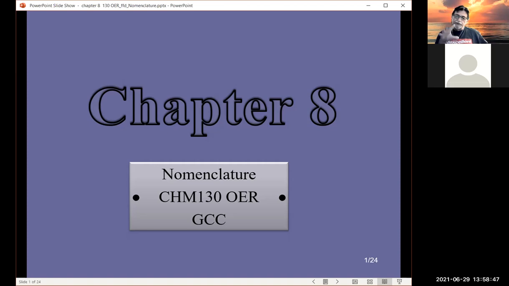Now, the big thing about naming compounds is we just talked about ionic compounds and covalent compounds. With respect to nomenclature, when you have an ionic compound, which you should know by now how to distinguish, they don't have prefixes. Ionic compounds do not have prefixes. Covalent compounds do have prefixes, hence carbon dioxide.